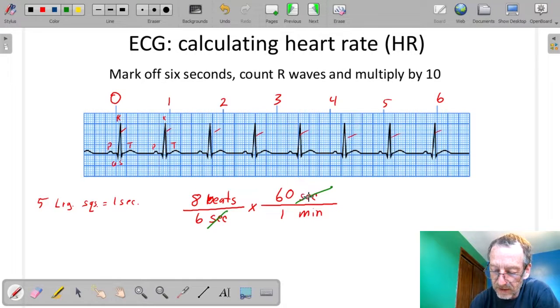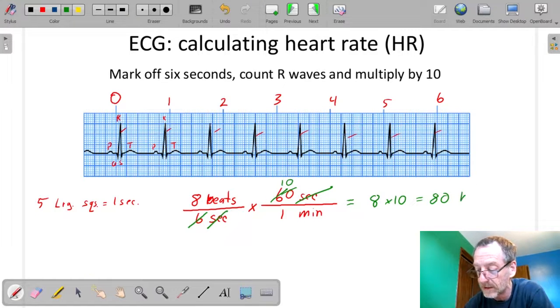And 6 goes into 60 10 times, right? So we're left with 10. And voila, we have 8 times 10. You can do that in your head, and that's 80. 80 what? Don't forget the units. It's beats per minute.